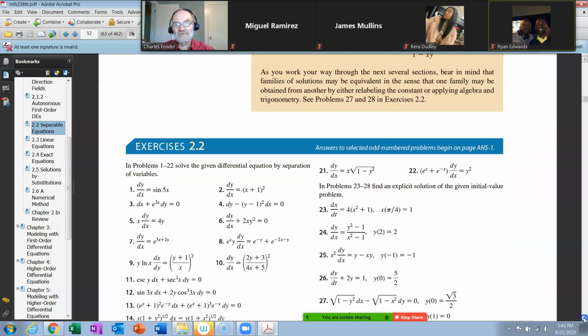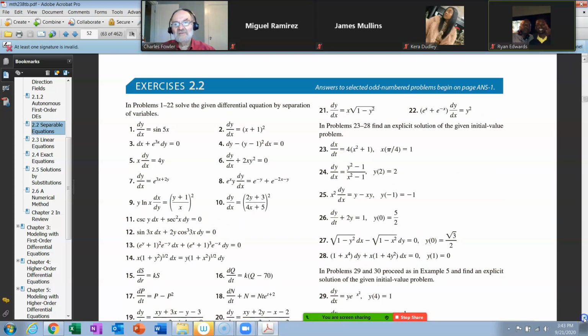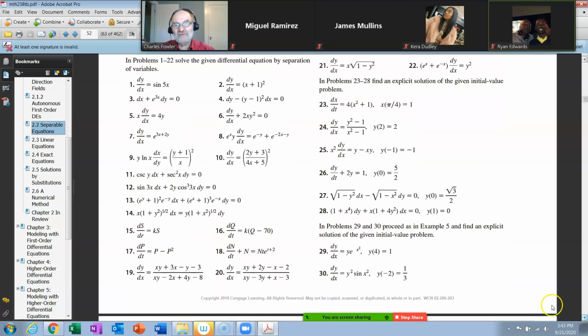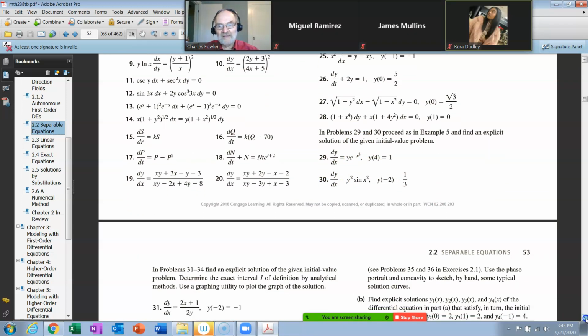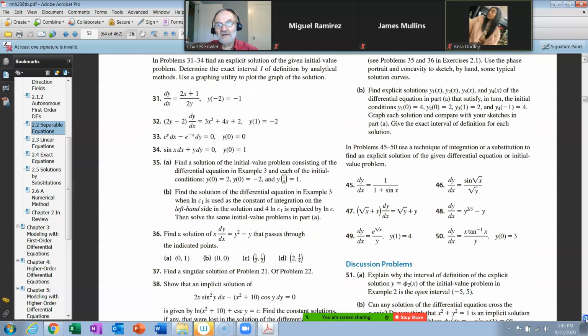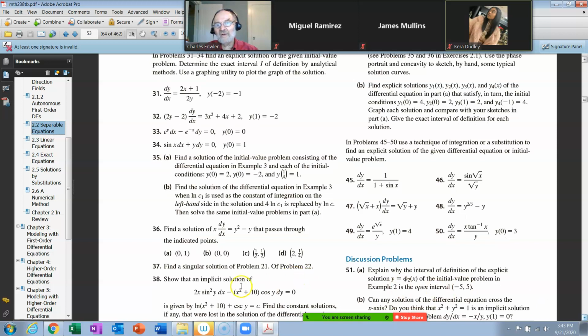So here's the homework exercises. Do any of the odds 1 through 21. Okay, you see them all there. Any of the odds that are in the back of the book, 1 through 21. Then do any of the odds 23 through 27. Then do 29, if that's in the back of the book. See if you can do that one. And then 31 or 33, whichever you'd like.